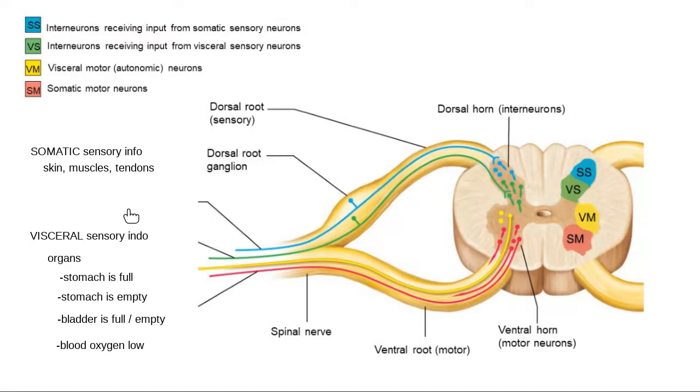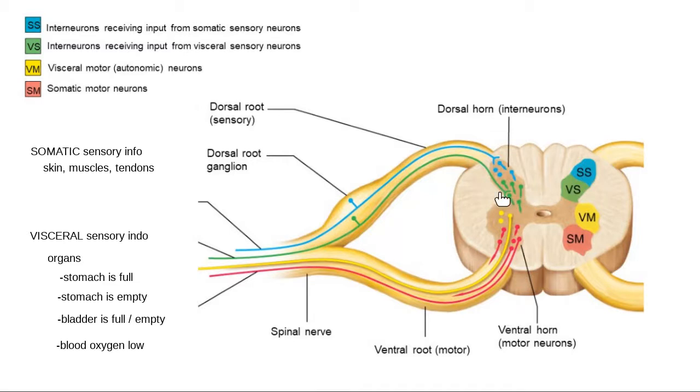Now, notice my sensory information is coming in the dorsal root back here, but remember that we said sensory neurons live in the dorsal root ganglion. They take their information into the spinal cord and they synapse with the interneurons that live in the dorsal horn.